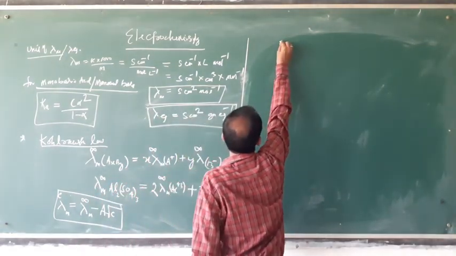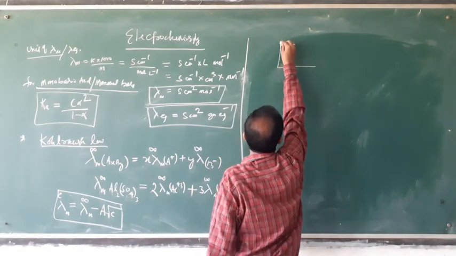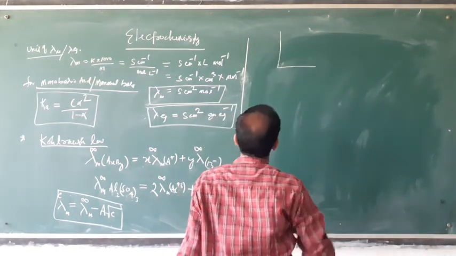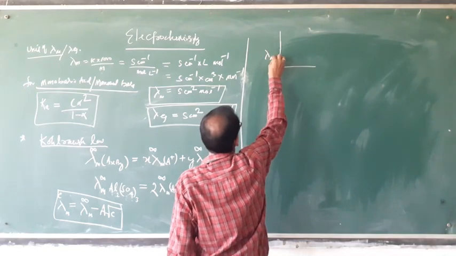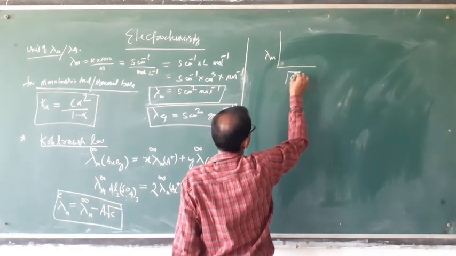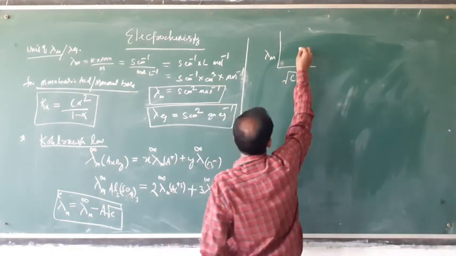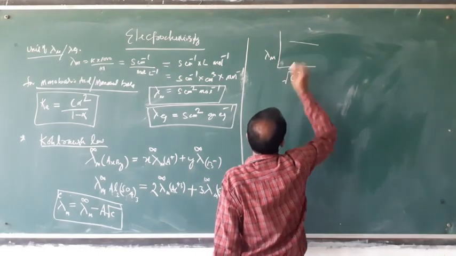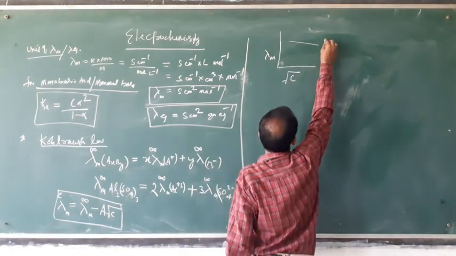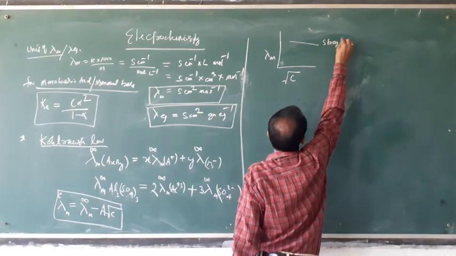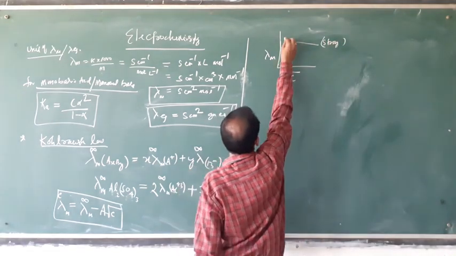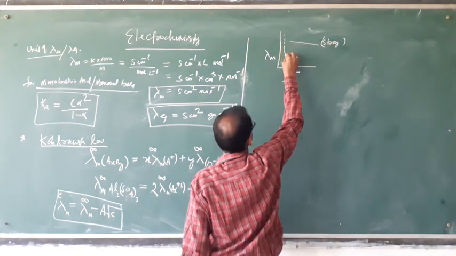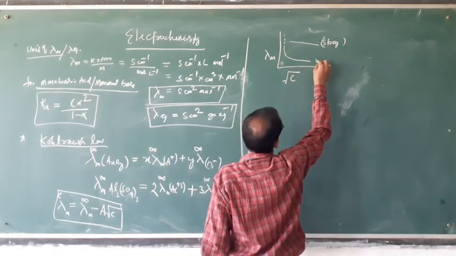If you draw a graph of lambda m value with respect to concentration, for a strong electrolyte the graph will be like this. This is for strong, and this will be for weak.